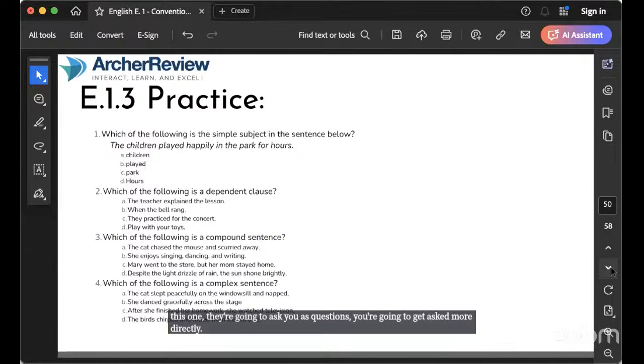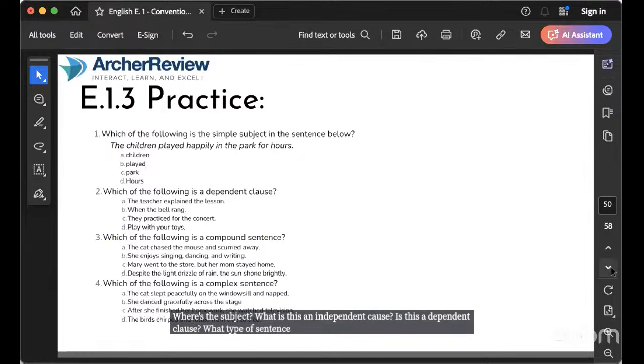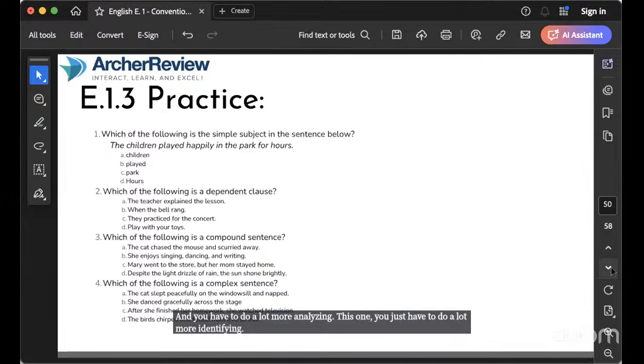Where's the subject? Is this an independent clause? Is this a dependent clause? What type of sentence is this? Is this a compound sentence? This one is taking all the skill set that we just learned in 1.2 and they're just asking you more directly. 1.2 is really broad and you have to do a lot more analyzing. This one, you just have to do a lot more identifying. Does that make sense?